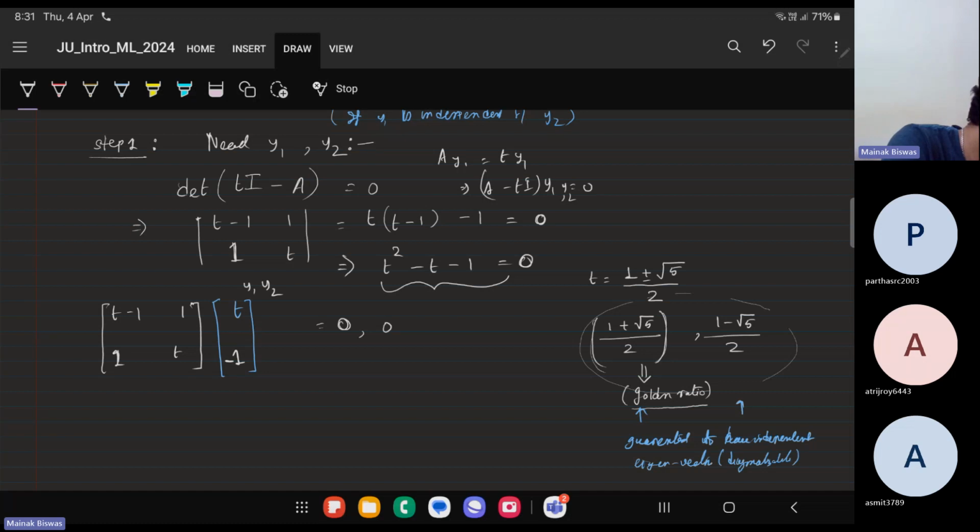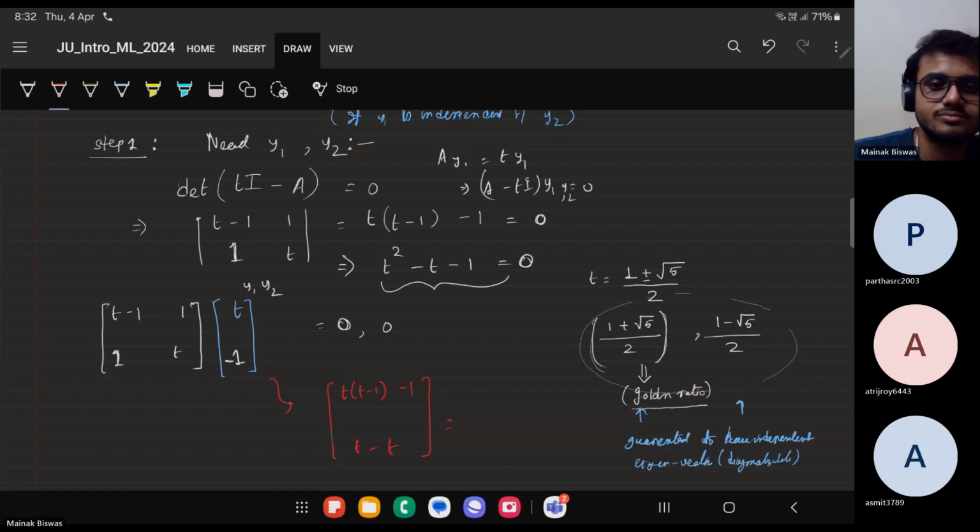So what does the second column become if I multiply this? It becomes t into t minus 1 and denominator is t minus t. Yes or no? Okay.